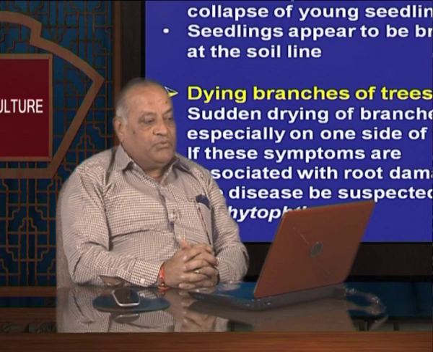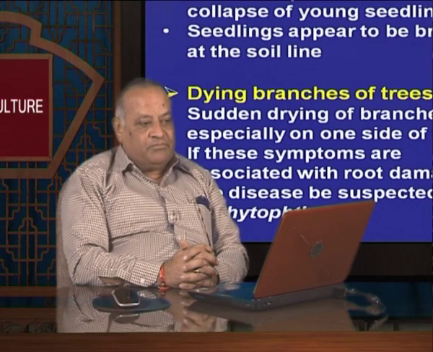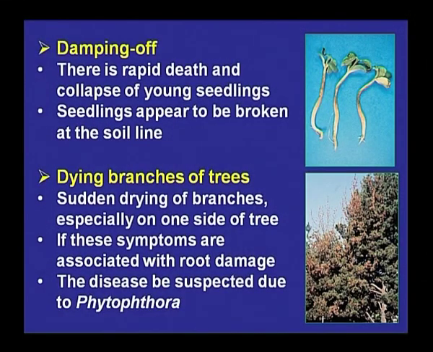Here I am showing you the damping off symptoms. You are seeing here the seedlings of the plants showing rapid death and collapse. Seedling appears broken at the soil line, as is visible in the photograph. Then the drying branches of trees.